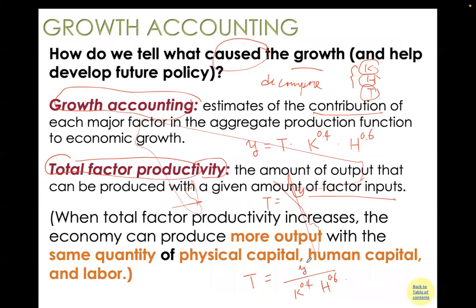So this is literally interpreted as how much a worker can produce given the resources, right? So this is interpreted as T. Okay. So if T increases, then the economy is going to increase its production with the same quantity of K and the same quantity of human capital, right?